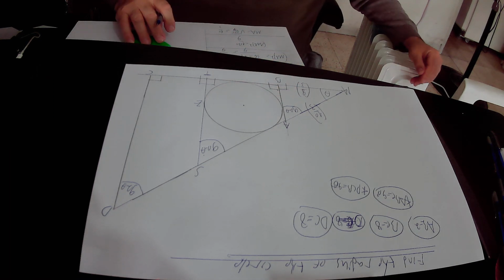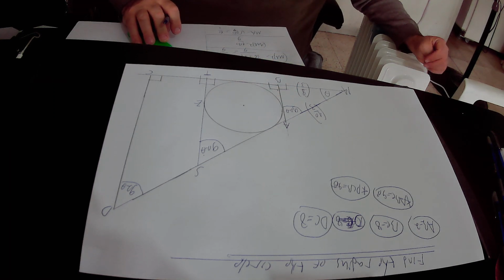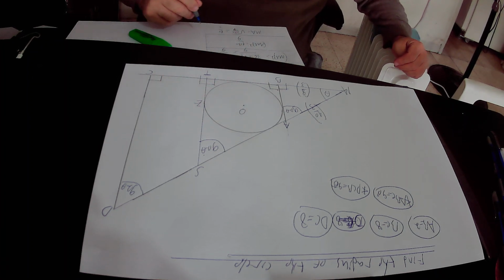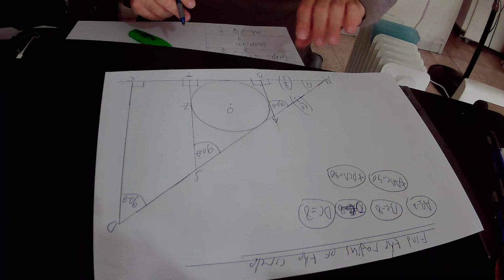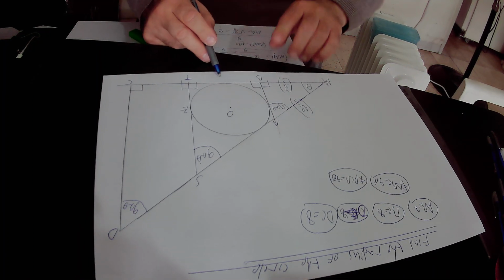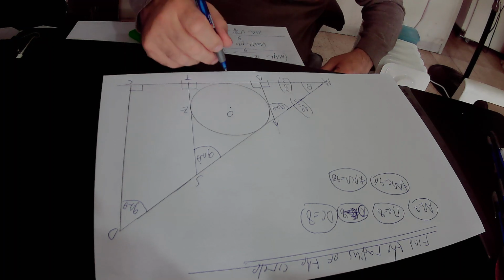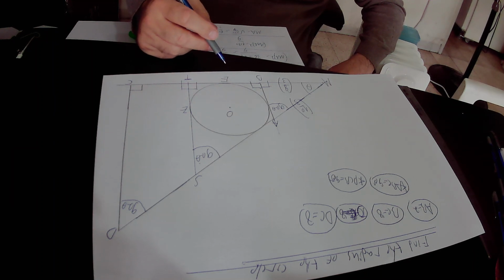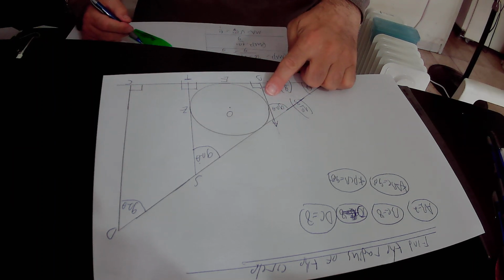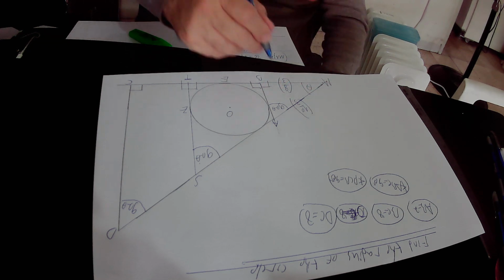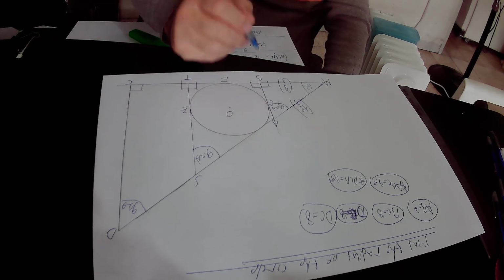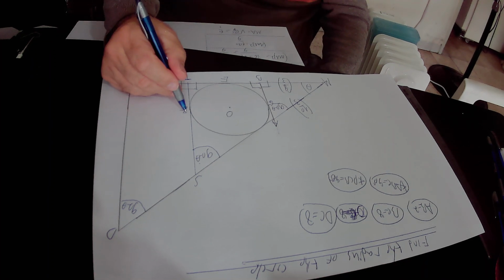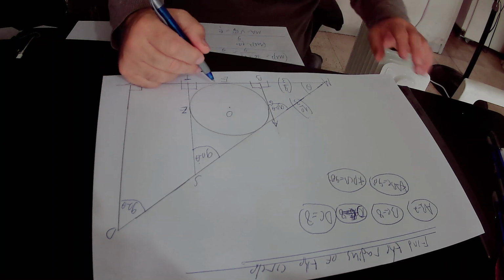In the next step, we will define the center of this circle as point O. We will define the point of tangency of tangent BT with this circle as point E, and the point of tangency of tangent AB with this circle as G. We join points O and E together by a straight line.